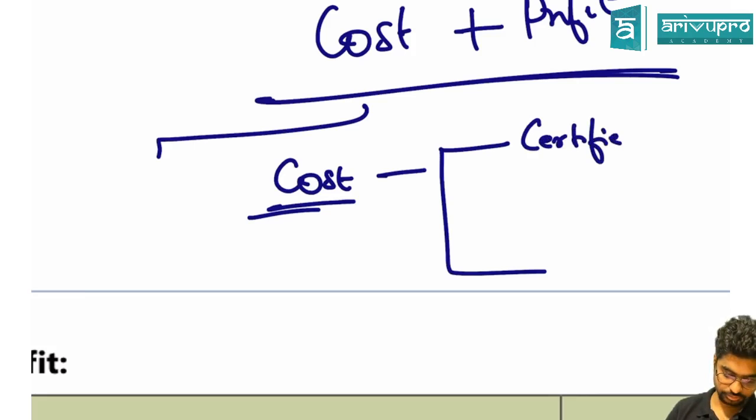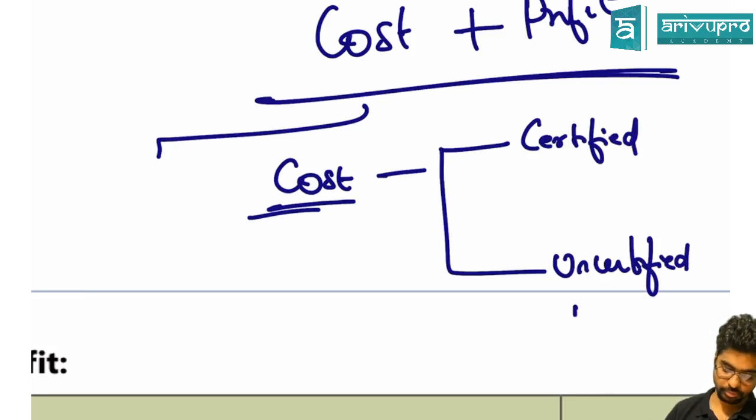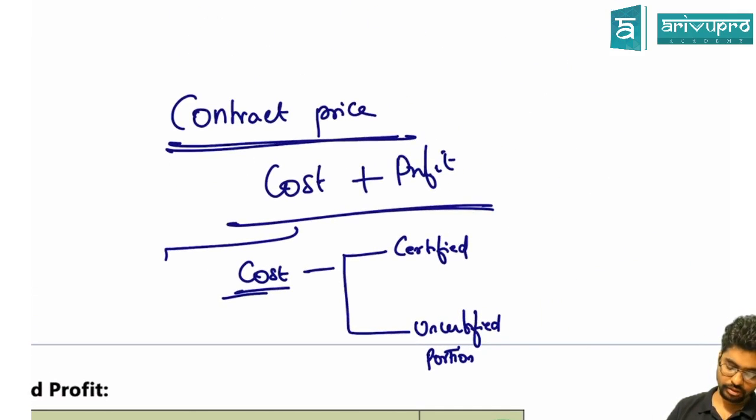What are the two parts that I am going to be dividing my cost into? Certified and an uncertified portion. Let's say my contract price is 2 crores, cost is 1.5 crore.